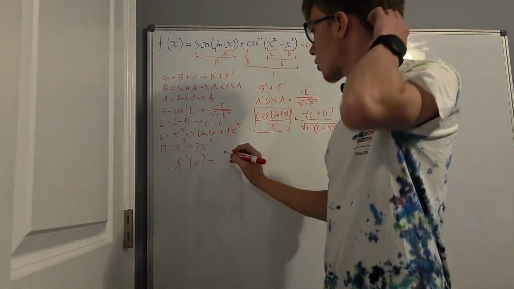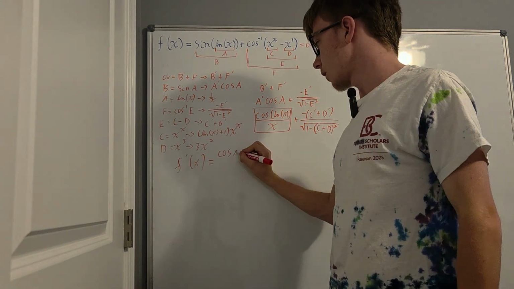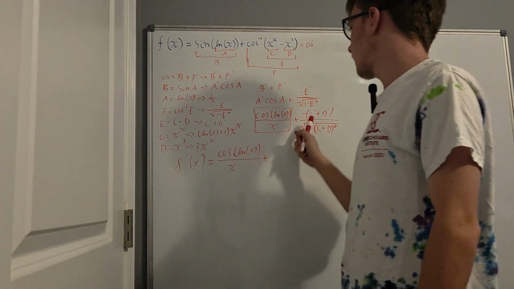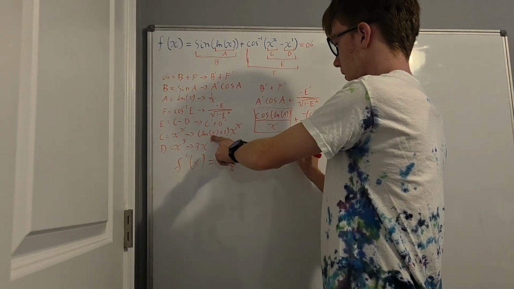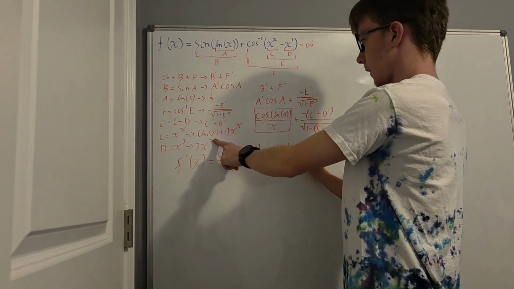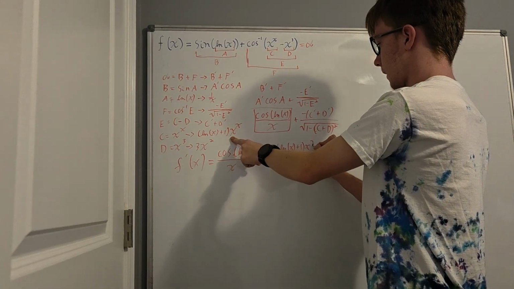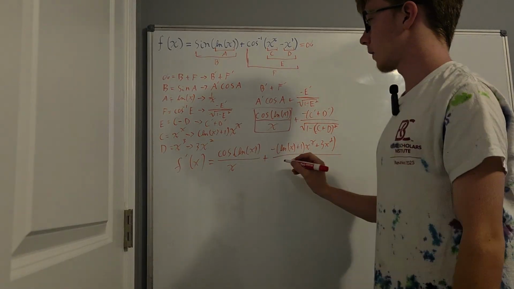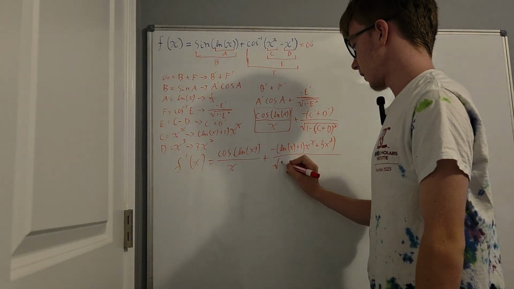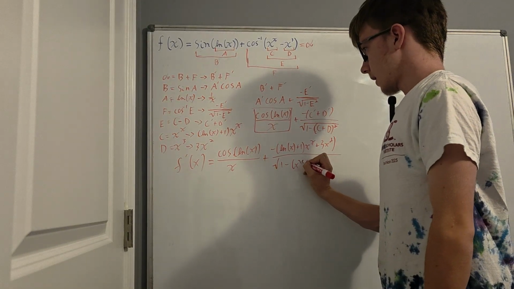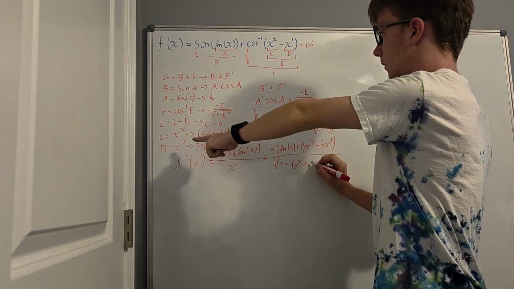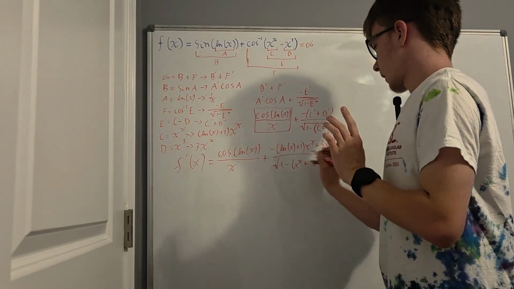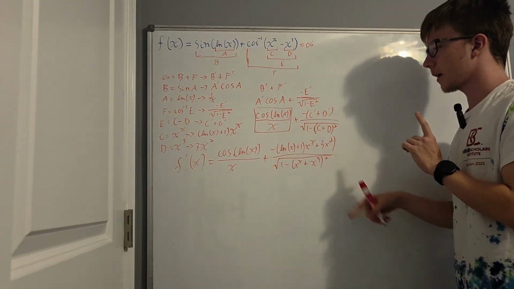F prime of x should be equal to cosine of the natural log of x over x plus negative, and remember we got our ln of x plus 1, x to the x, plus 3x squared from there, all over, and then our beautiful denominator 1 minus x to the x plus x to the third squared. Fill that in the top. All right, look at that.